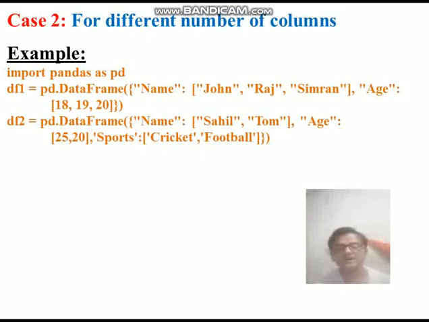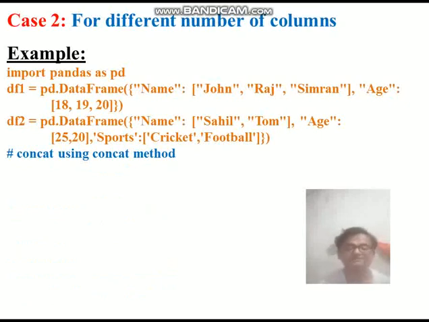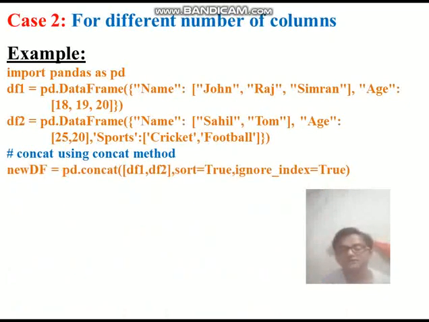Now the joining statement using concat, new_df as a variable name equals pd.concat df1, df2 as a list, sort equal to True, ignore_index equal to True. I used sort and ignore_index to display the ordered index and columns in alphabetical order. And after that the print statement, print new_df.